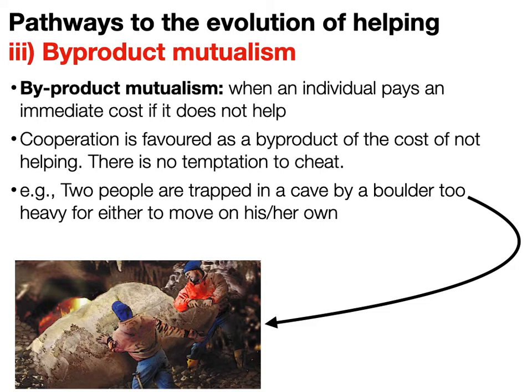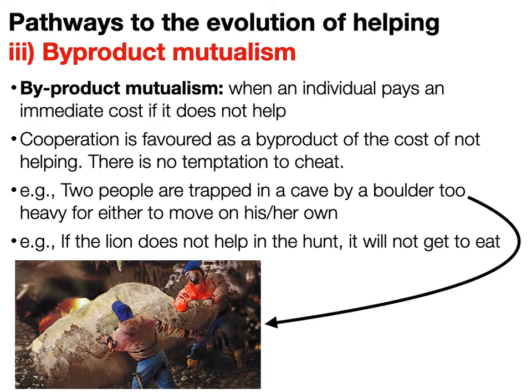So clearly the cost of not helping there is so great that it outweighs the small cost of providing the help. Another example would be cooperative hunters. Maybe if a lion doesn't help in the hunt, it doesn't get to eat at all, right? So there's no temptation to cheat. There's no temptation to not participate in the hunt if not participating means you starve.